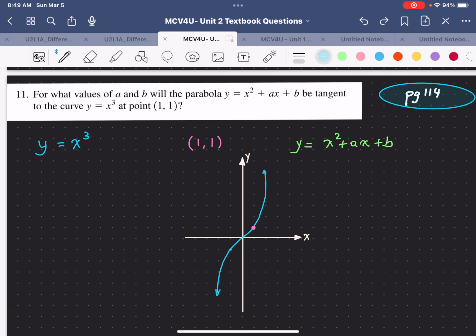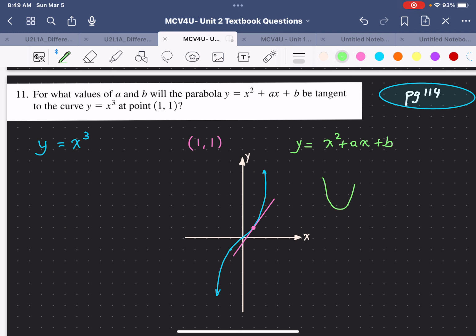So we can draw a tangent right here on x cubed. Now, we don't know exactly the shape of the parabola because we're missing two coefficients, a and b, which can take the parabola anywhere on the Cartesian plane. But what we do know is that the parabola has to pass through the point (1, 1).